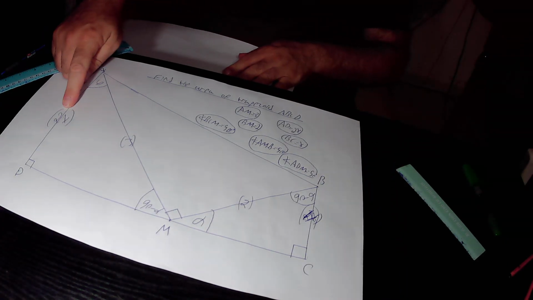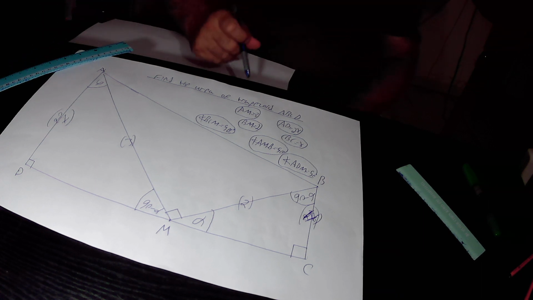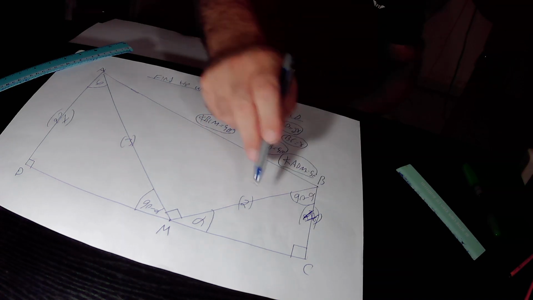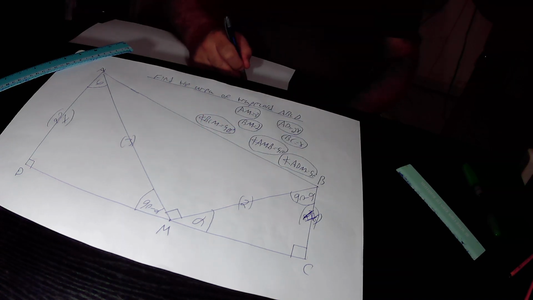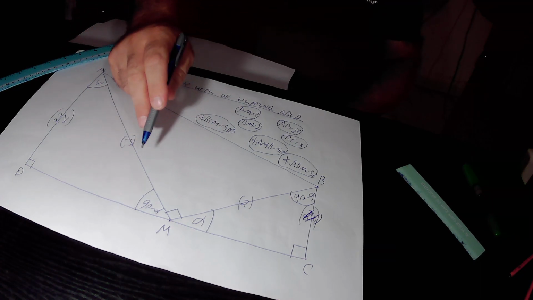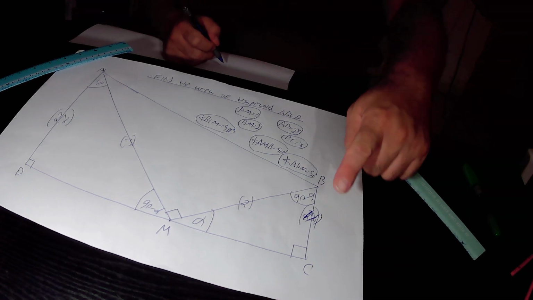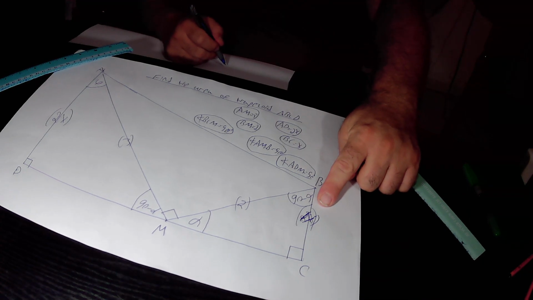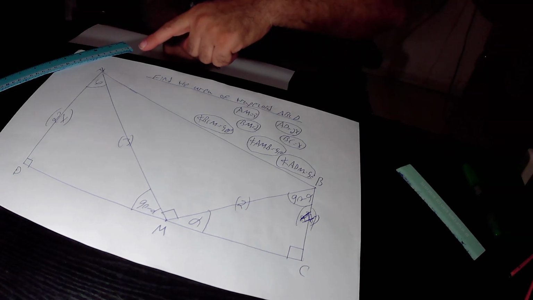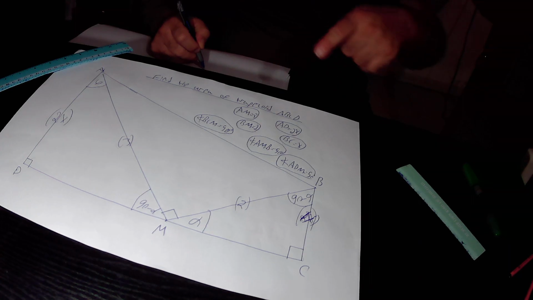AD equals 2x according to what is given in the question, over MC. MC is the missing side, so we will leave it as it is, and it equals DM. DM is also a missing side, so we leave it as it is, over BC. BC equals x units according to what is given in the question, and it equals AM, that is 3 units, also given in the question, over BM.